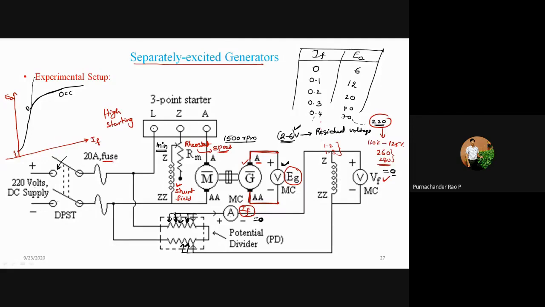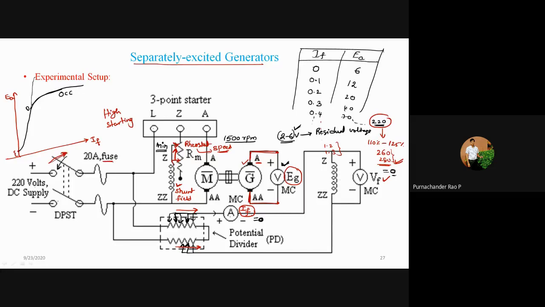Once you reach the 280 volts mark, the maximum voltage, bring the potential divider back to the initial position. Then the speed of the machine should be brought down, not to 0 immediately, but minimized to the starting position. Then you bring it back to the normal position and open the DPST switch.